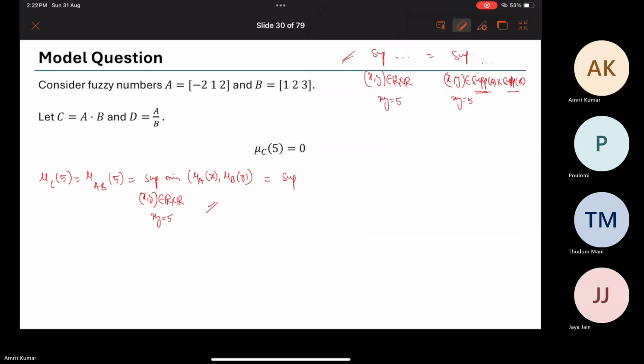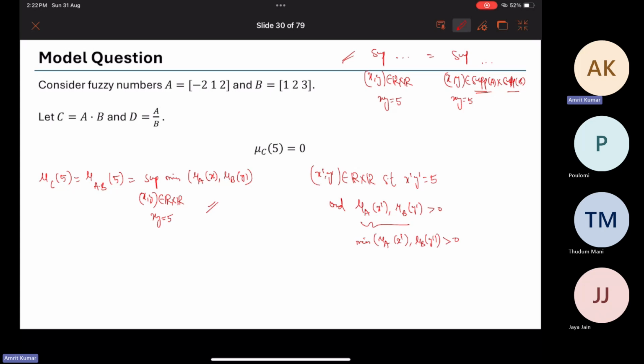Now, if we can find a pair X dash, Y dash such that their product is 5 and both of them have positive membership value, then their minimum would be positive, and therefore this quantity would be greater than 0, right?